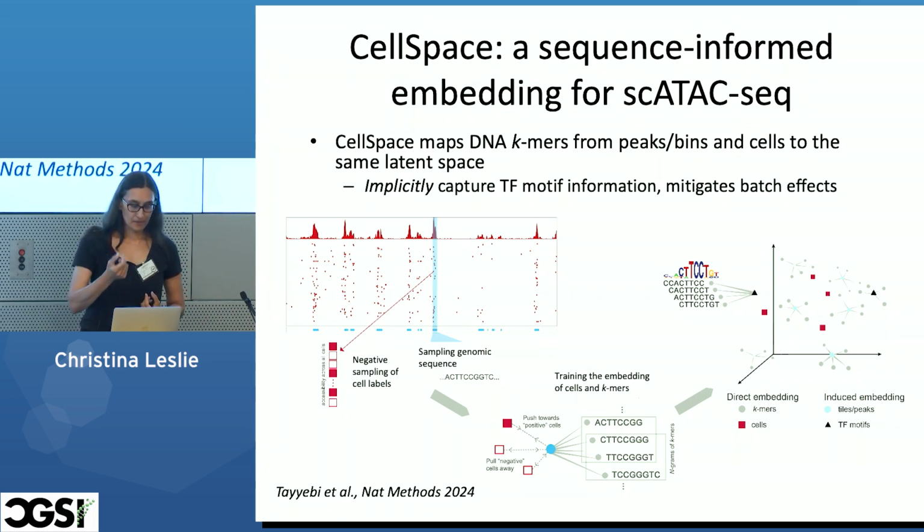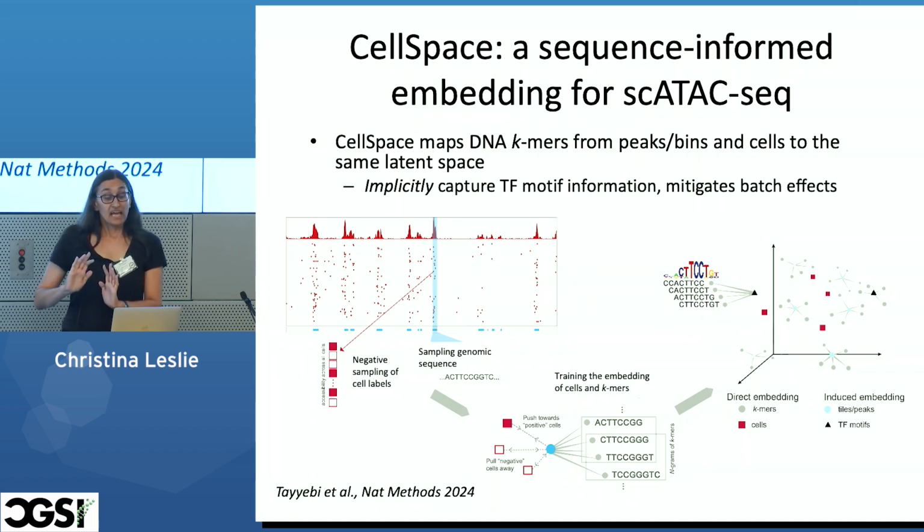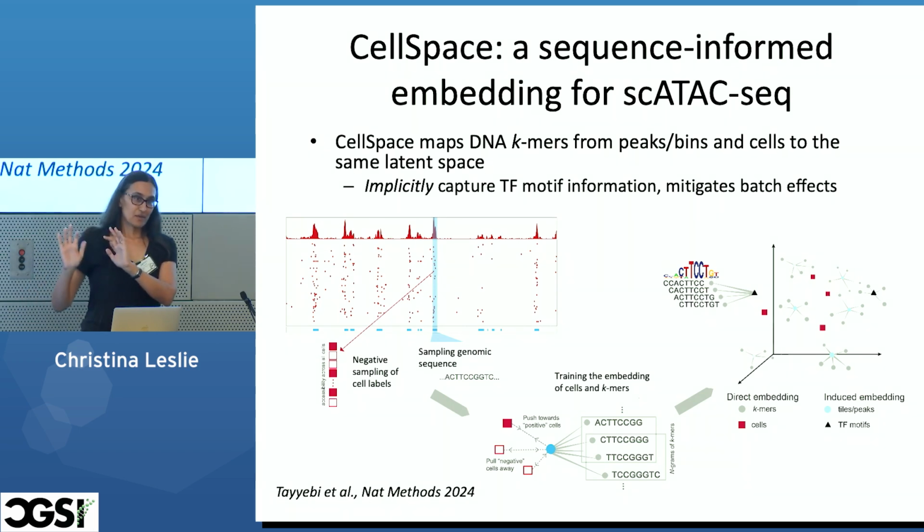Okay, so every event, sample a sequence, it generates a training example, and we push cells and k-mers around. At the end of the day, all the k-mers and all the cells are embedded in the space, and now from that embedding, you can do clustering, you can do your UMAP visualizations.